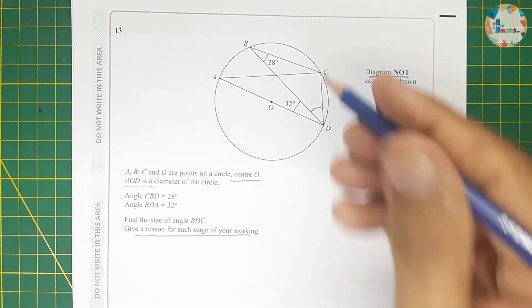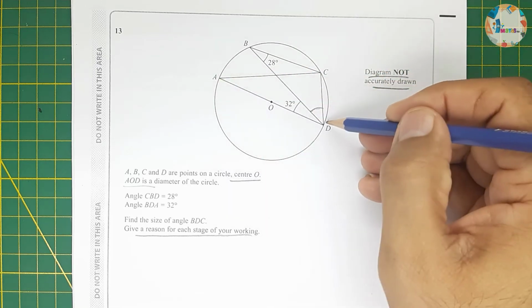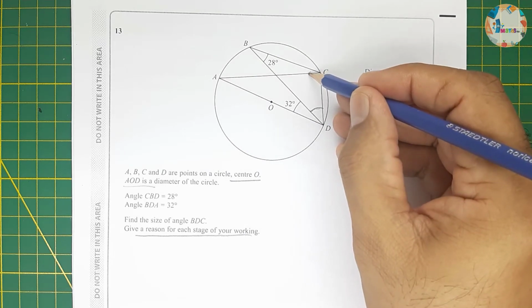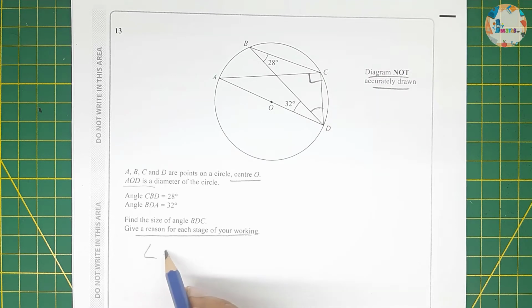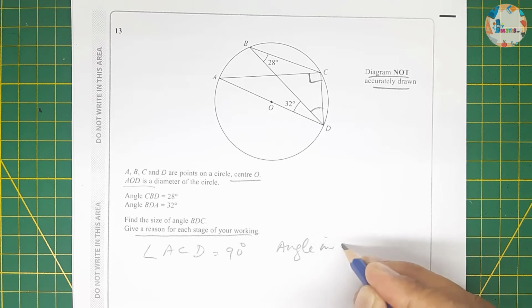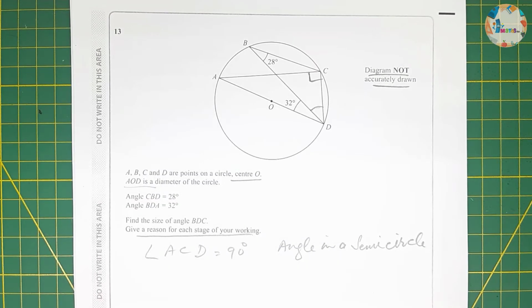So we need basically this angle. ACD is a triangle in a semicircle, so this will be 90 degrees. So we can write angle ACD is equal to 90 degrees, and the reason is angle in a semicircle. Angle in a semicircle. So we can give this reason.